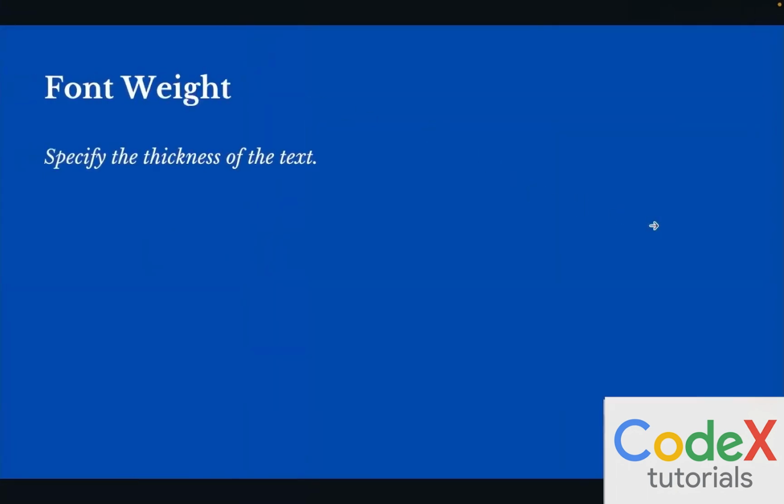Now let's discuss font weight, and font weight is nothing but the thickness of the font. It does not specify the size of the font. It simply specifies the thickness of the font. And as you saw in Google Fonts, there were multiple variations of the same font with 300, 300 bold, 400, 700. So those were basically different font weights. That means different thickness.